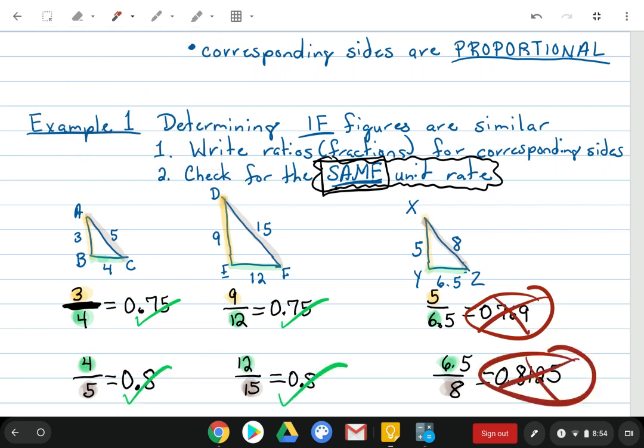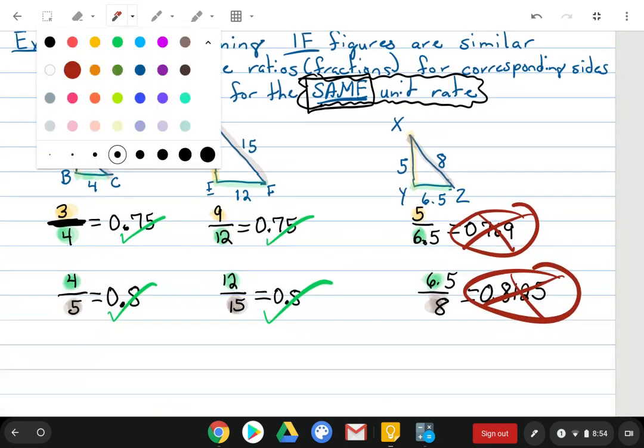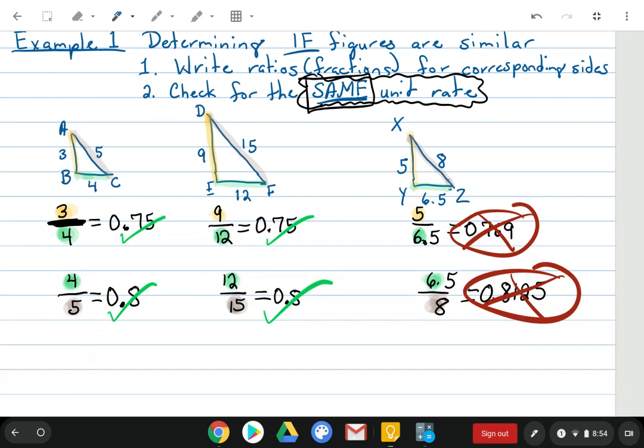So, since triangle ABC and triangle DEF have the same unit rates, we have determined that their sides are proportional, and therefore triangle ABC is similar to triangle DEF. So I'm going to write it in words.